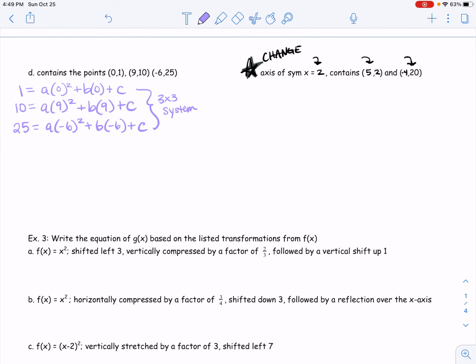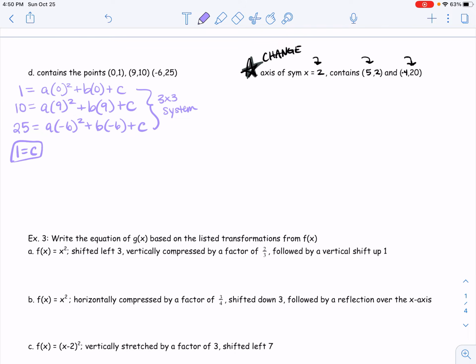Luckily, in that first equation, 0 squared is 0, 0 times anything is 0. So we literally have 1 equals 0 plus c. So that means 1 equals c. So I already know my c value. So what I can do now is plug that in to the second and the third equation and simplify what I have.